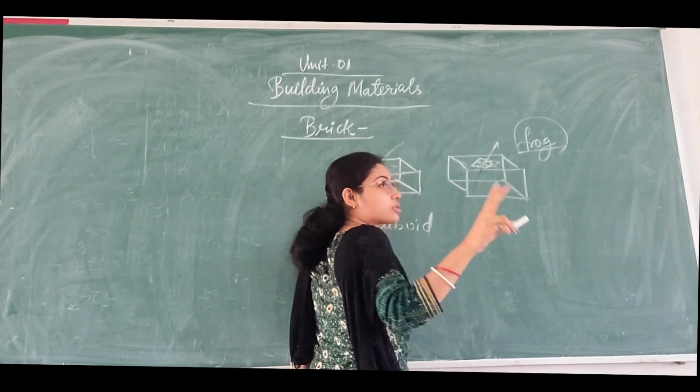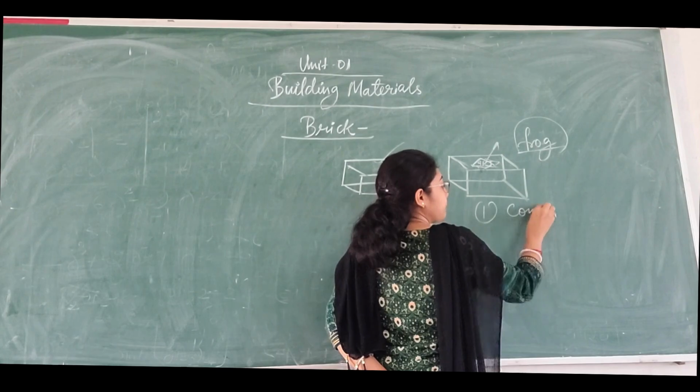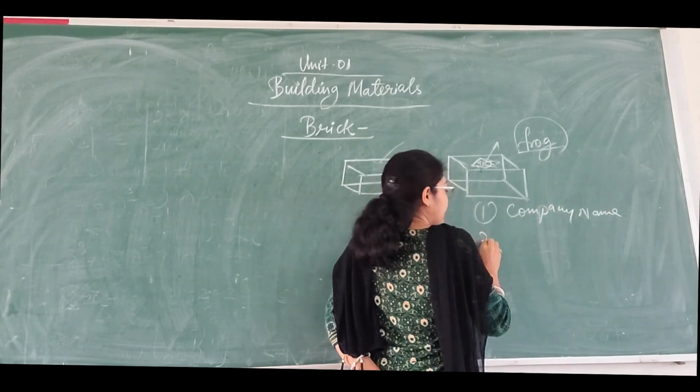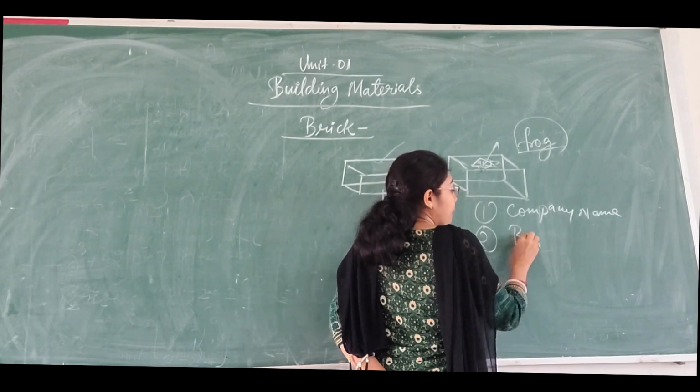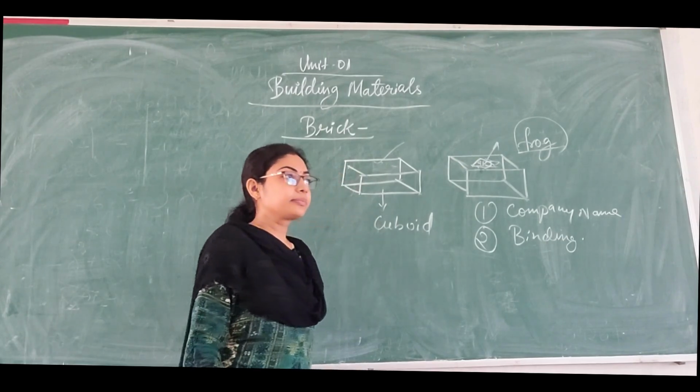This frog has two uses. Number one, it shows the company name, or it gives a proper binding. Why can I say proper binding?